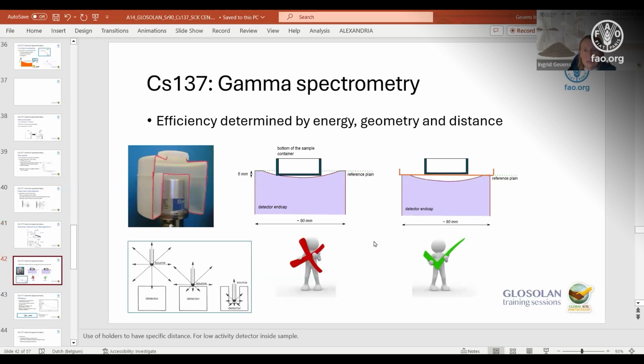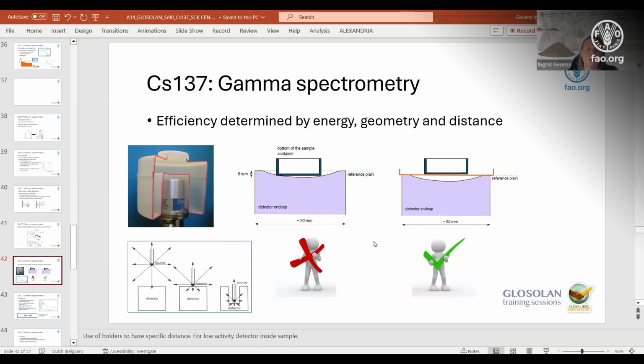For gamma spectrometry, in order to determine in a quantitative way, as said already, you can measure directly, also on solid samples, but you have to use specific holders. The best way is also to use the same holders for calibration as for your sample.